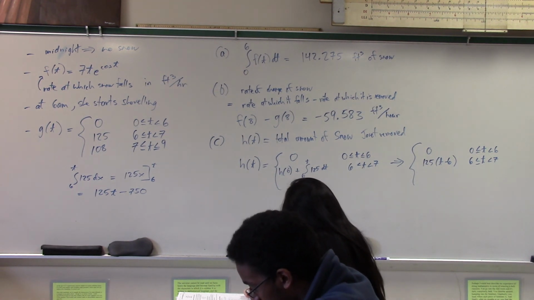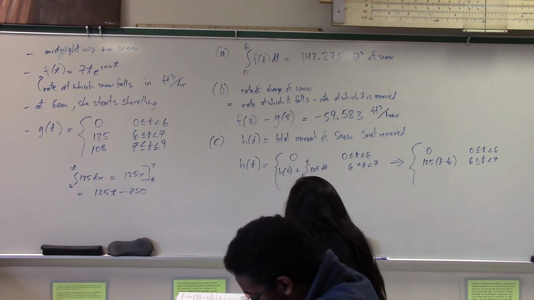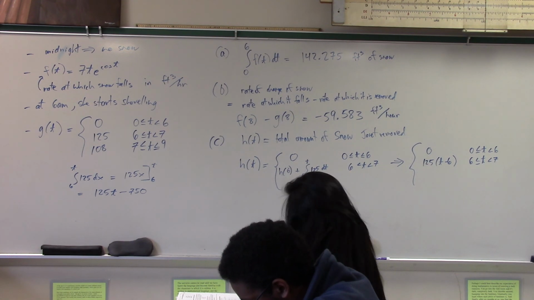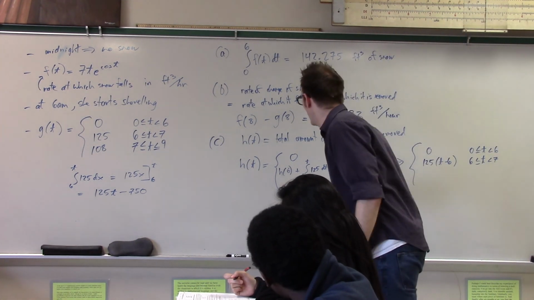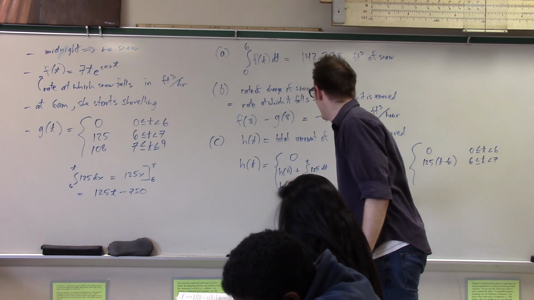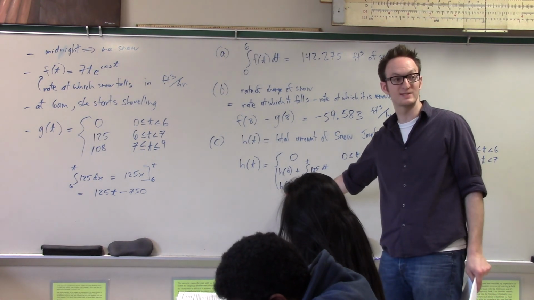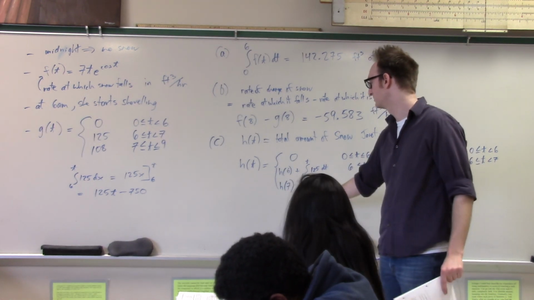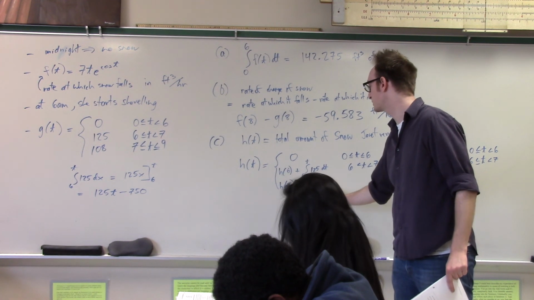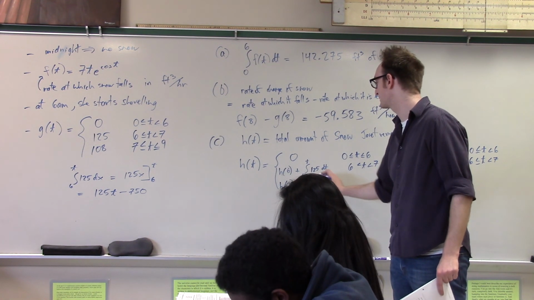Okay, moving on. How much total snow has she shoveled for some t value between 7 and 9? Do you have to do the thing with h of 7? Exactly. The answer is the amount of snow she shoveled up to that point, which is h of 7, plus the amount of snow she shovels from time 7 to some time t.